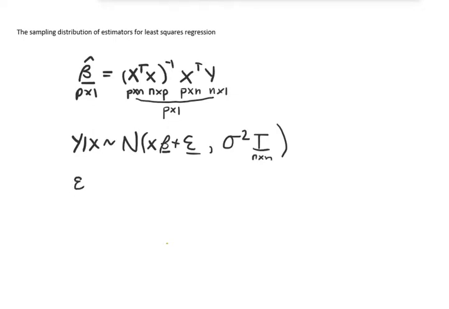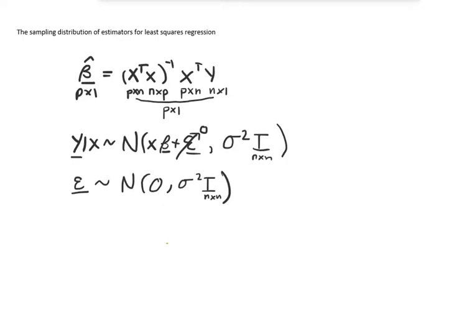We also have the error terms, which are a vector. The error terms are also normally distributed with mean 0 and variance sigma squared times the identity matrix. Note that I actually didn't need to write epsilon right here because the mean of it is equal to 0, which we see here.